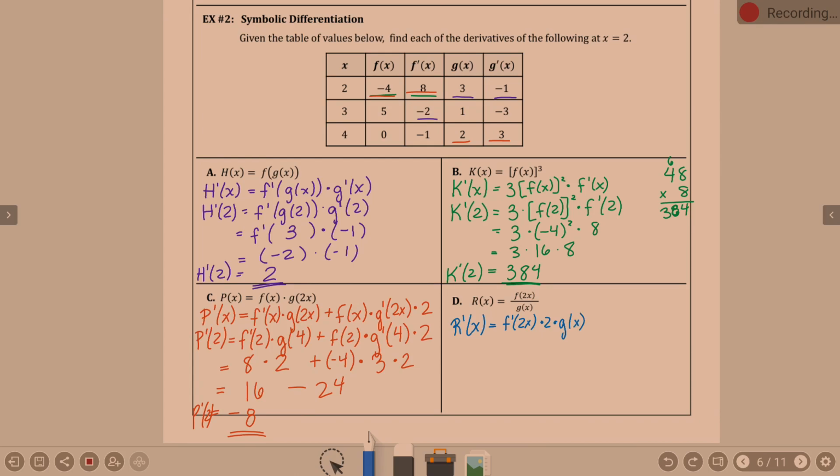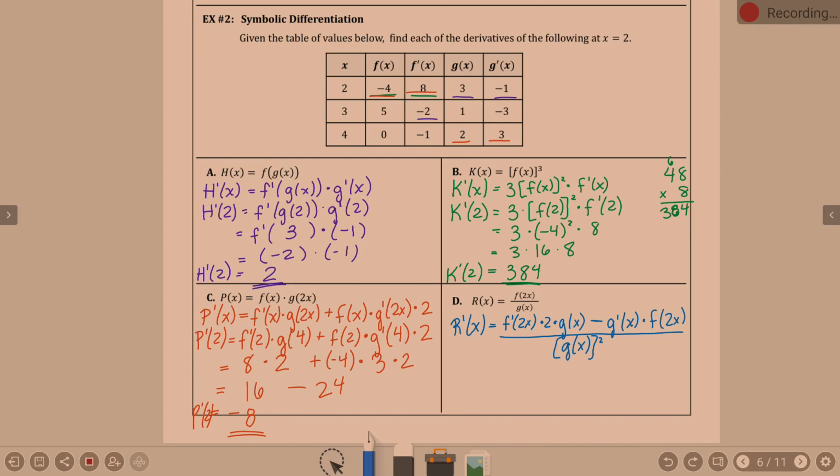And that's quotient rule, so I'm going to subtract. And now do the opposite, right? So now I'm doing the derivative of the denominator, g prime of x times the numerator all over g of x quantity squared.